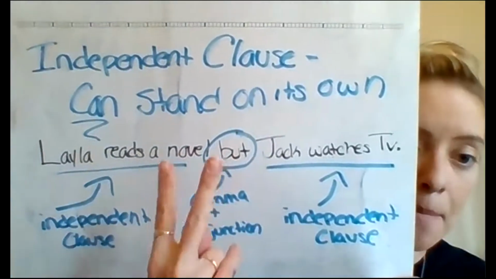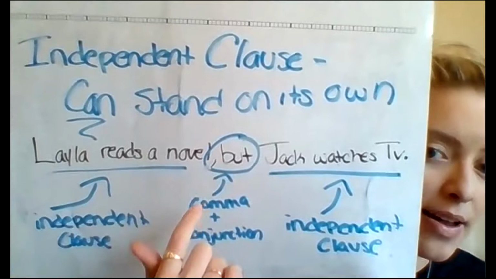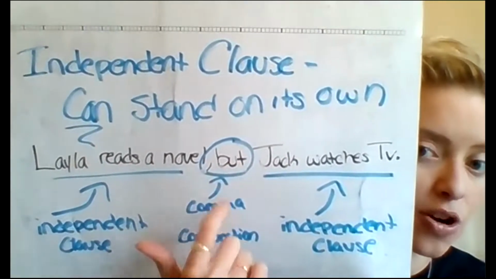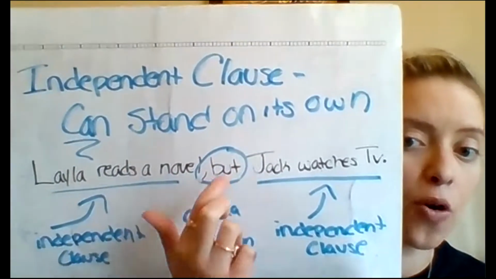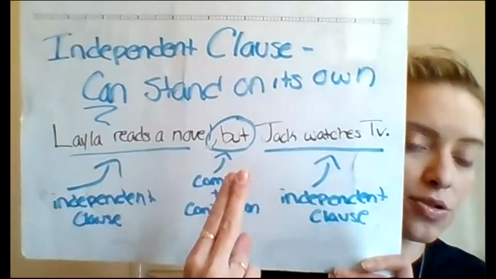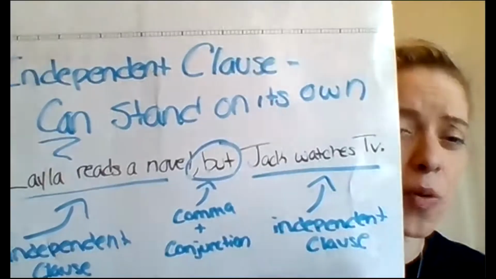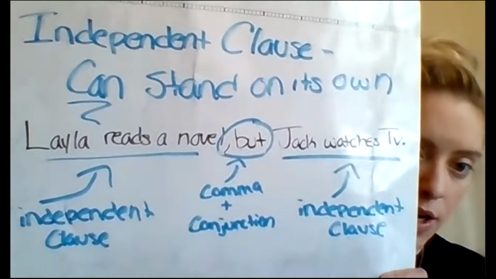So if we were to combine them together, in order to combine them together, you need a comma and a conjunction word. So here we used but. So we put a comma and then but. So our comma needs to go before our conjunction to combine those two sentences. And we can also look at this, guys. Where are we pausing in the sentence? Layla reads a novel, but Jack watches TV.